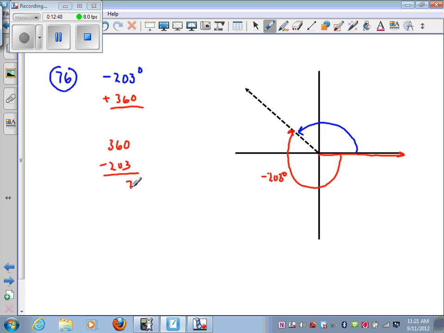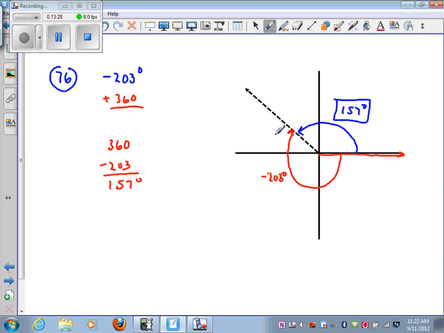So this is going to be 7, 5, and then I have a 1. Degrees. So this angle right here is 157 degrees. And that looks about right. It's greater than 90 and less than 180 positive, and it's almost halfway between the two. So that's the least positive.